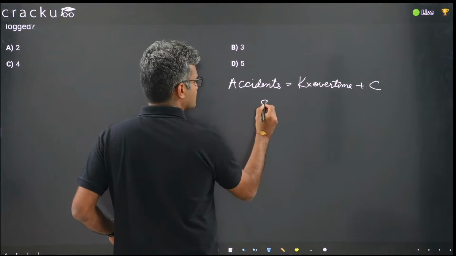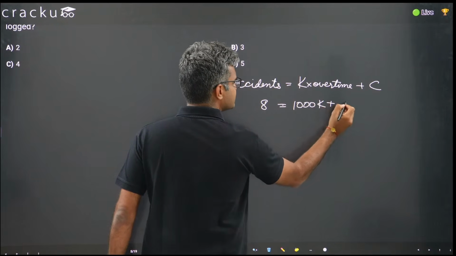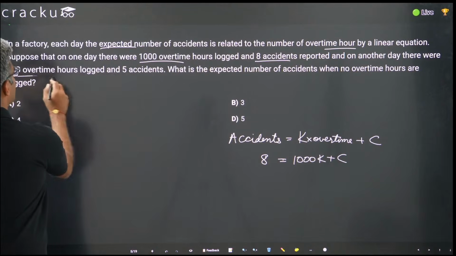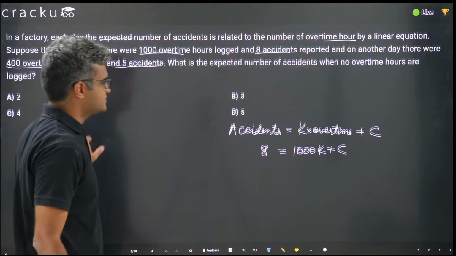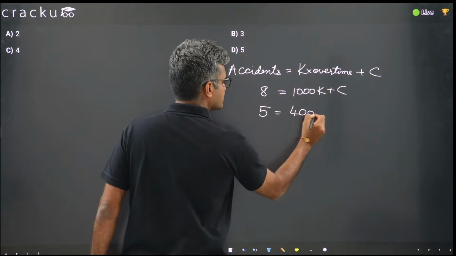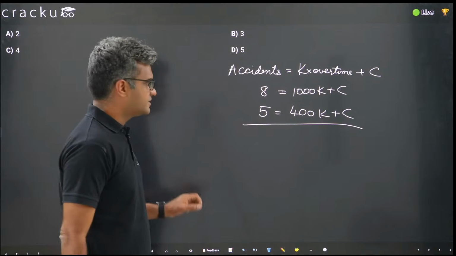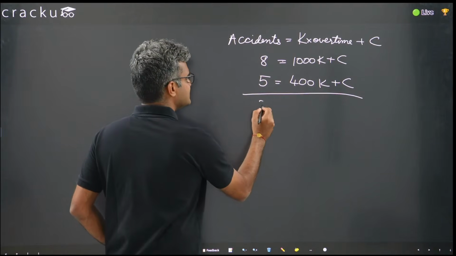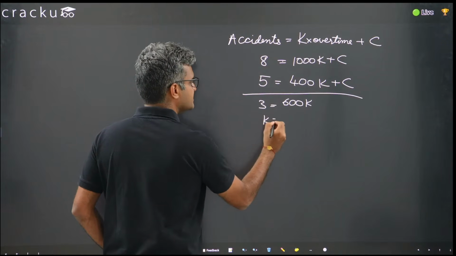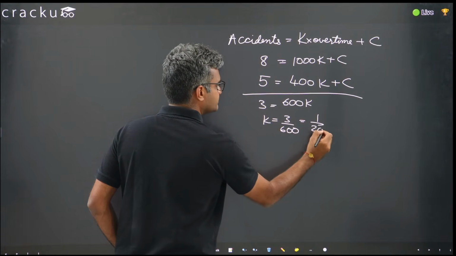So 8 is equal to 1000k plus c, and 400 overtime hours, there are 5 accidents. So 5 is equal to 400k plus c. If you subtract one from the other, you are going to get 3 is equal to 600k, or the value of k is equal to 3 by 600, which is equal to 1 by 200.